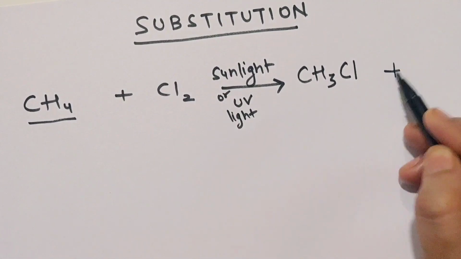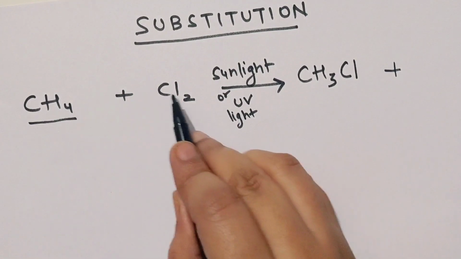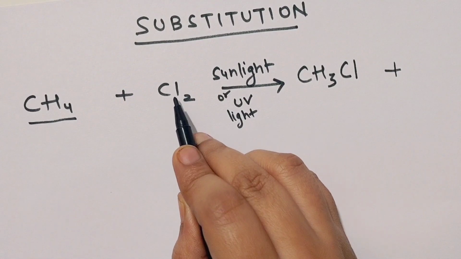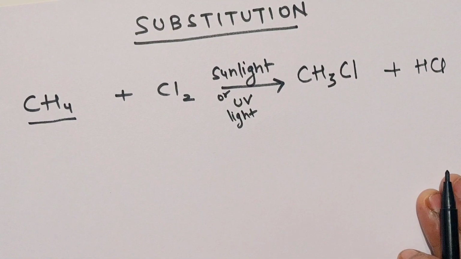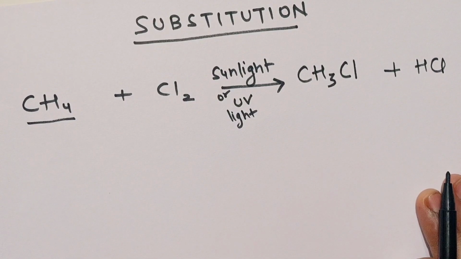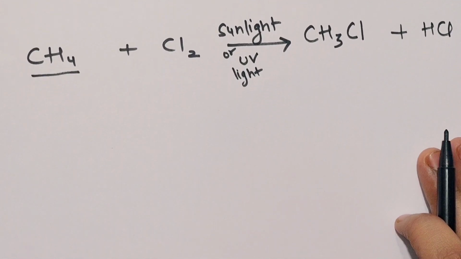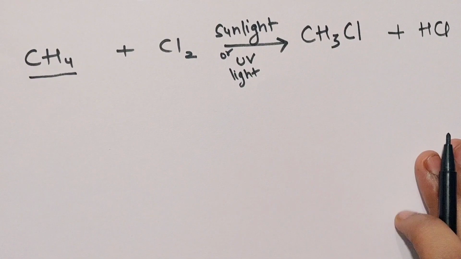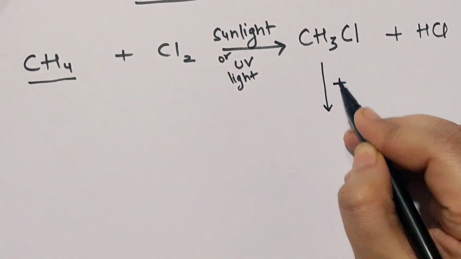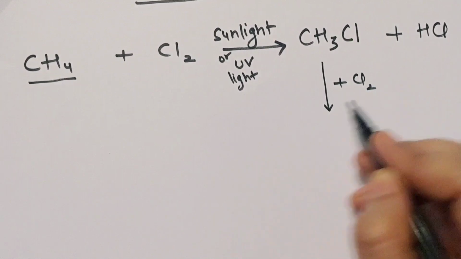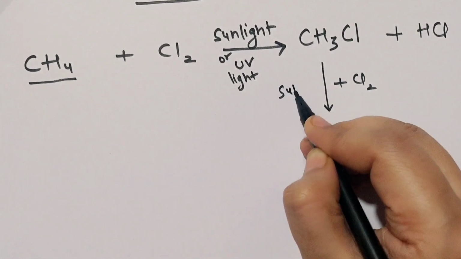So what are you left with? Hydrogen from methane and one of the chlorine atoms from chlorine. They would combine and form HCl. The interesting thing is that the reaction usually doesn't stop here. If you allow it to happen, the reaction will go on in presence of sunlight.